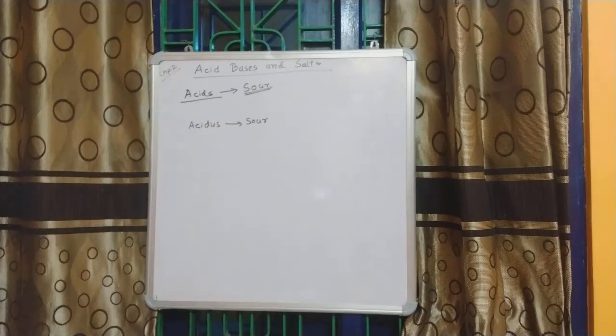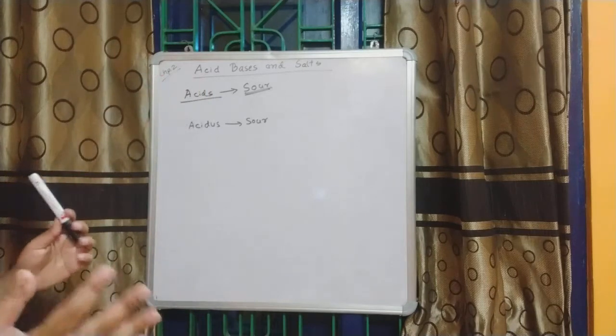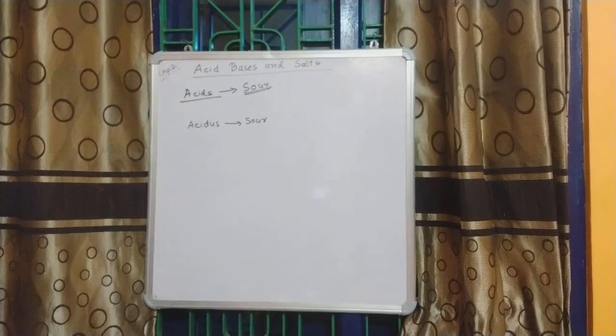But this is not the case for all substances. It is not safe to taste each and every substance. But yes, for a very general understanding, acids normally taste sour.